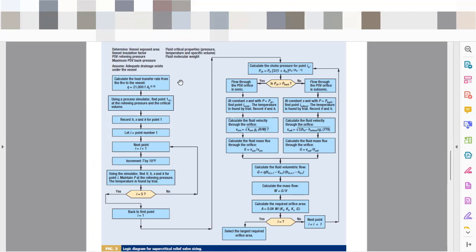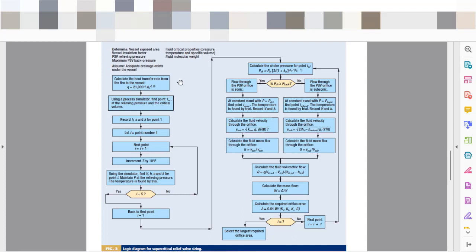Richard's chart is very similar to Ryan's chart, but what is interesting in Richard's paper is that he shows how to do the calculations based on the normal operating conditions of the fluid. In this case, he uses the same example, n-butane in a vessel, and he shows how to take the fluid from a liquid condition to the supercritical condition, as I have shown to you during this video.